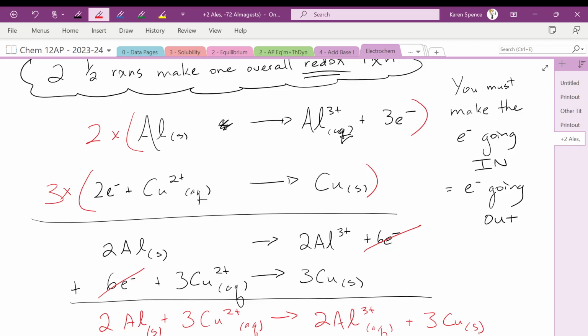Very often, you'll be given an unbalanced redox reaction. You'll have to split it into half reactions, balance the half reactions, and then put them back together once they've been balanced. In a situation like this, that's too fancy. You can just figure it out. But there will be situations where if you tried to balance it by inspection, you could be here from now till Tuesday.